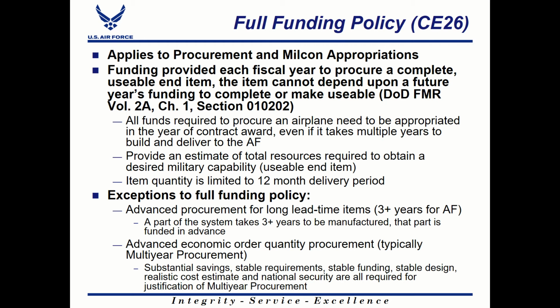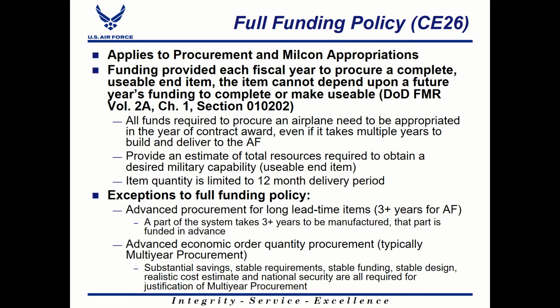In this case, you would be buying this longer lead portion of your system in advance, and then the remaining portions of your system later. So if there was a special engine being used on an aircraft that took 4 years to make, then you could ask for permission to buy that engine in advance, and then buy the rest of the aircraft later, so that you didn't have all that money just sitting there for 3 or 4 years before any of it got spent, waiting for that engine.